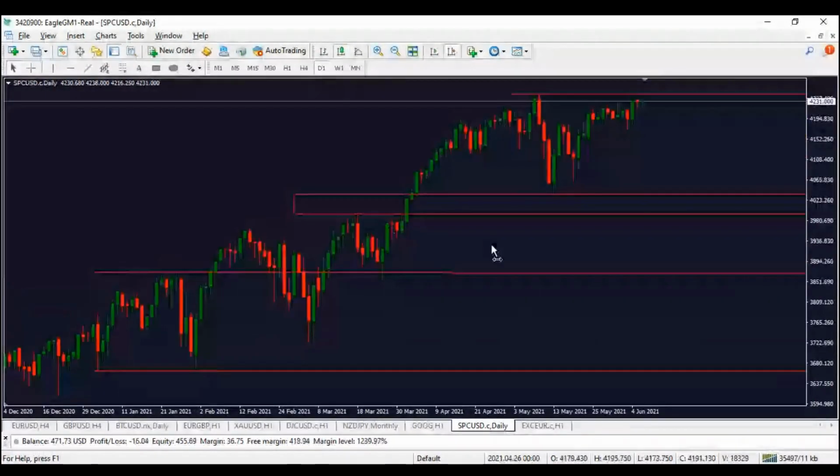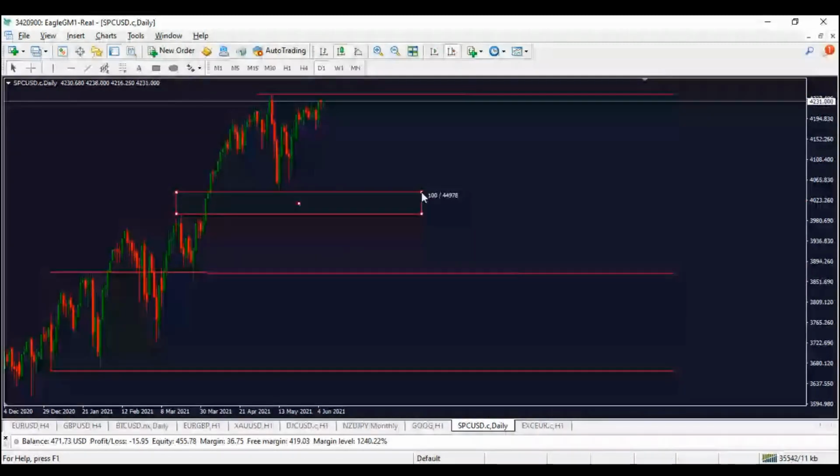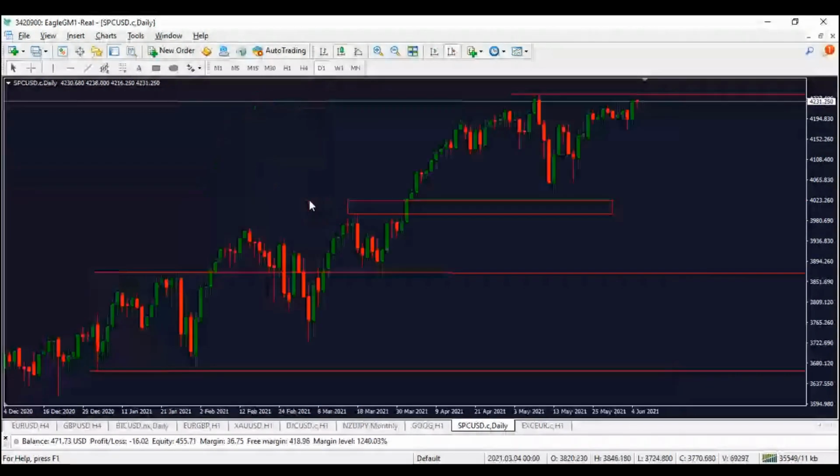price action properly. Now this is the monthly order block that we were looking at, and we can see price was filled until we got to this area right here, where it can be seen clearly that we had an inefficient piece of price action there.